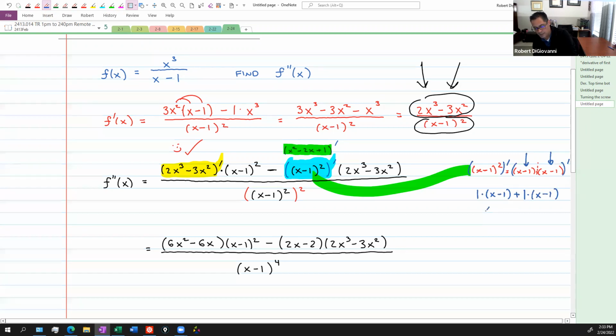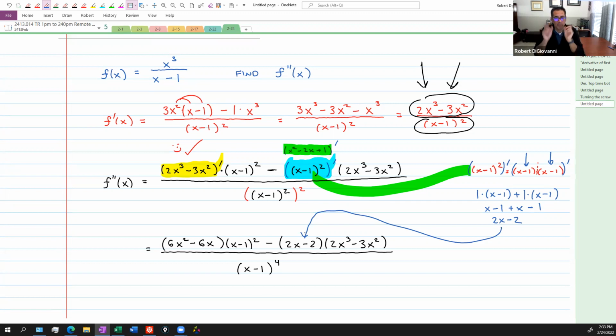If you clean that up, that's just x minus 1 plus x minus 1, and you get 2x minus 2, which is exactly the same as what we got there. So either way would have worked. Expand it, then take the derivative, or do the product rule, and you would have got the same result. Whatever you feel like here.